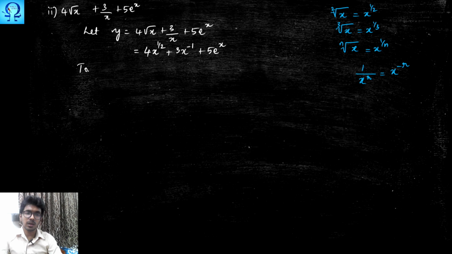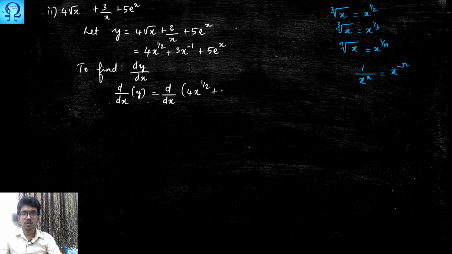Now we need to find out dy upon dx, which is going to be d upon dx of 4x power 1 by 2 plus 3x power minus 1 plus 5 e power x. As of now, I hope you are familiar with the rules.